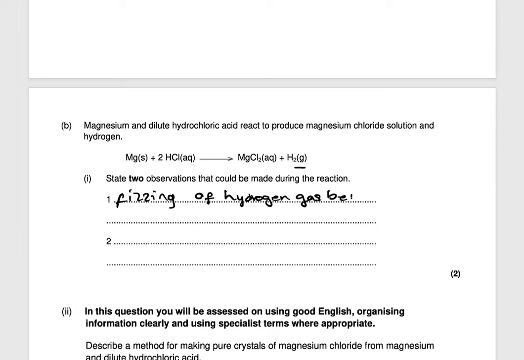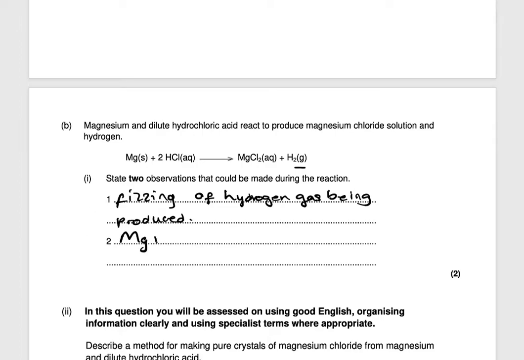hydrogen gas being produced. Okay, and what other thing can you see? Well, magnesium is reacting with the acid, so you can see the magnesium getting smaller and smaller because it's reacting and gas is being produced, so magnesium is going to be dissolving and getting smaller and smaller.